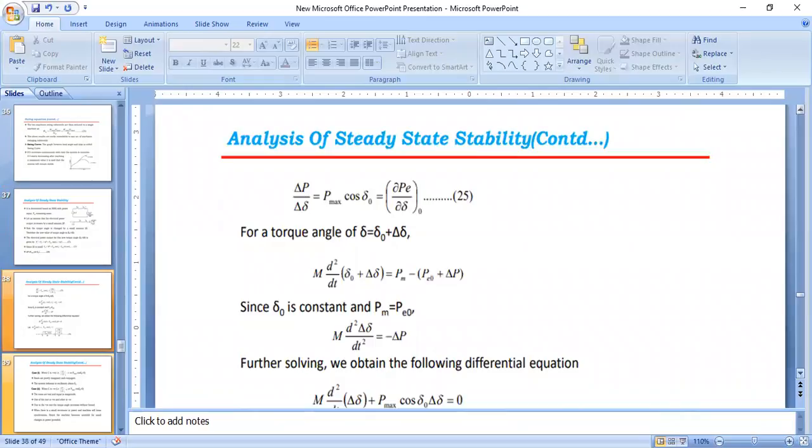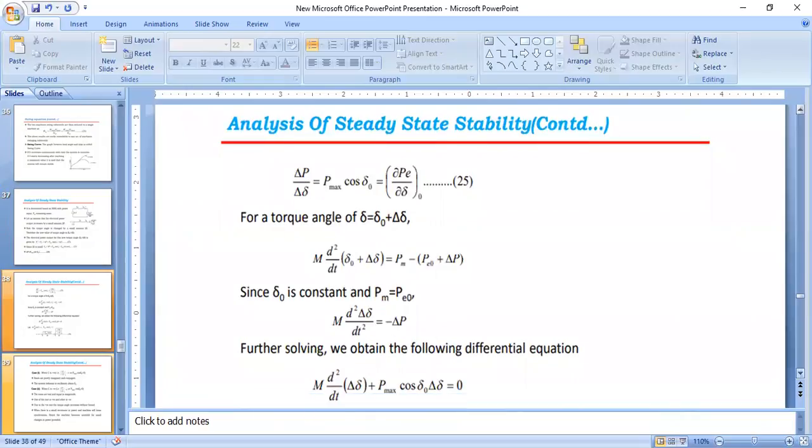Analysis of steady state stability. Delta P by delta is equal to P maximum cos delta 0. Continuation of steady state stability analysis. P maximum cos delta 0 is equal to dou Pe by dou delta, that is for torque angle of delta equal to delta 0 plus delta.